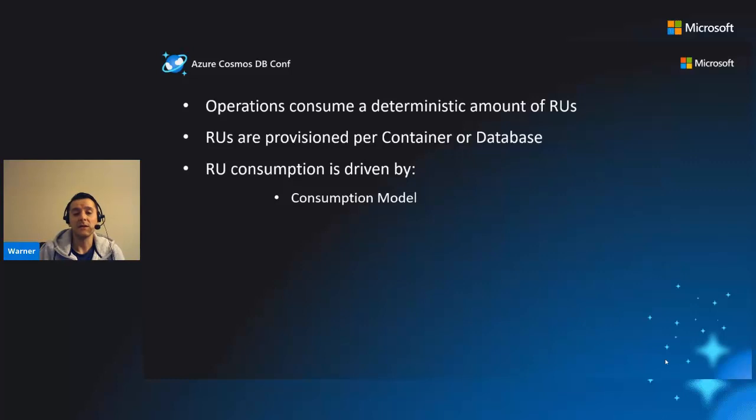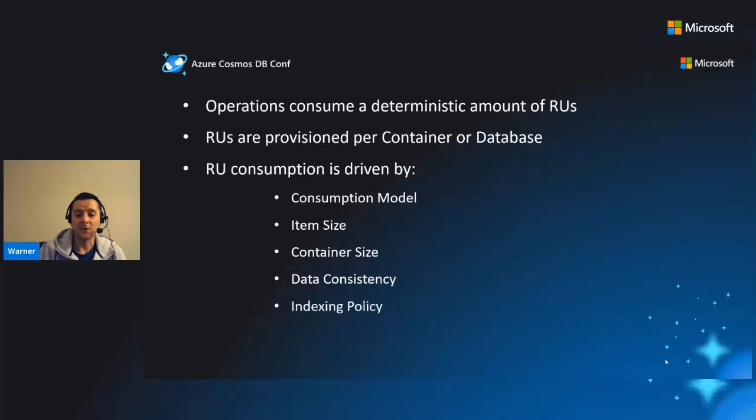RU consumption is driven by your consumption model, and we will dig deeper on that as well. It's driven by the item size, so if you are writing bigger items, for example. It's driven by the container size: as your data gets bigger, some queries might depend on the size of your data. For example, if you're doing orders. Data consistency is a very interesting bit that actually has impact on RUs and is very easy to tweak to get an optimum RU consumption, and we will go in detail on that as well.